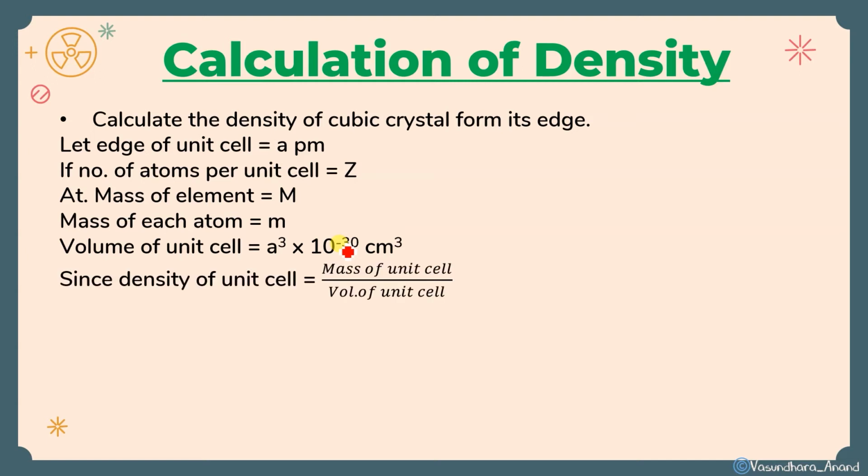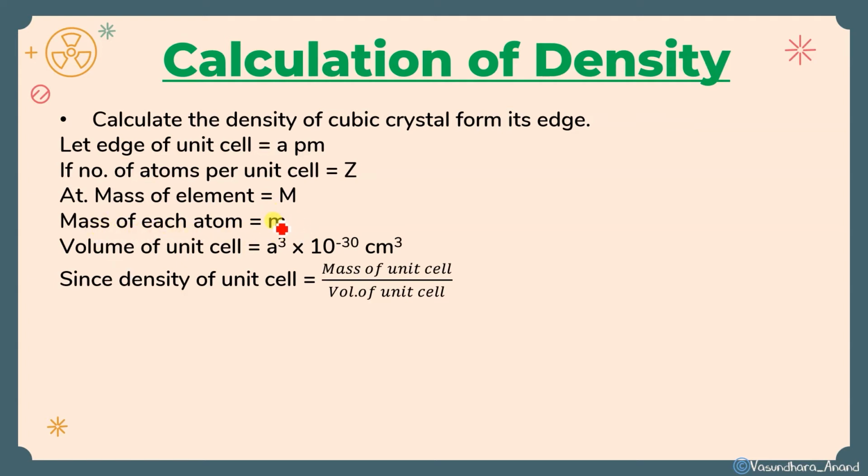Density is equal to mass upon volume. Density of the unit cell will be equal to mass of the unit cell upon volume of the unit cell. The mass of the unit cell is not mentioned, but the mass of each atom is.